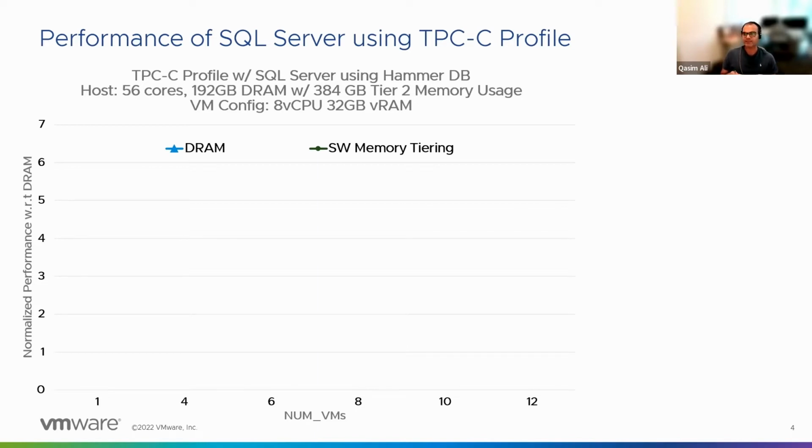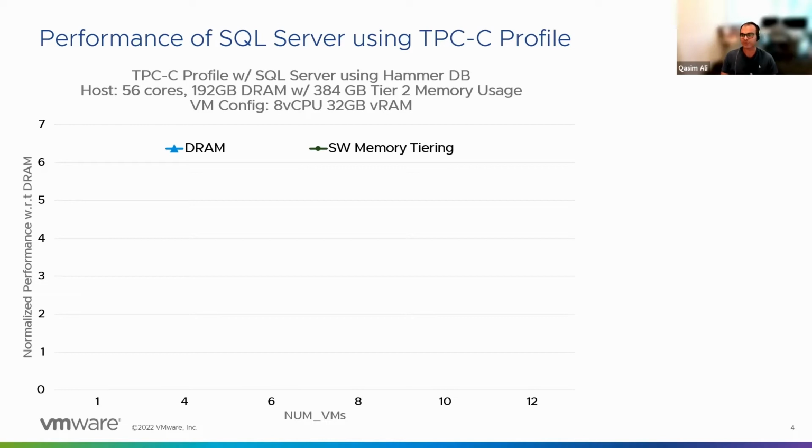On the y-axis, I have normalized the performance with respect to one DRAM system. The DRAM system, again, to recap, is 192 gig, and for tier 2 memory to enable software memory tiering, I have 384, which is 2x more. That's the amount the test is going to use. And again, the total number of cores on the host is 56.